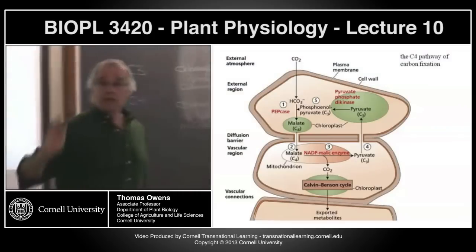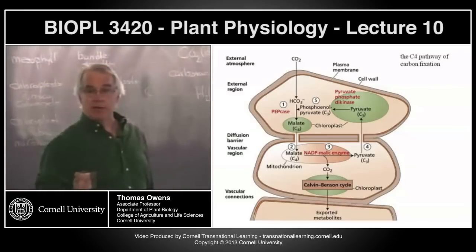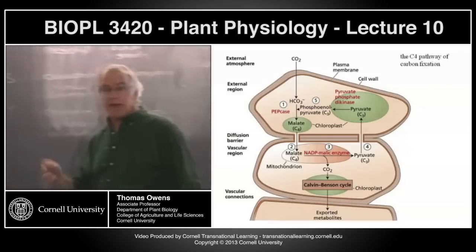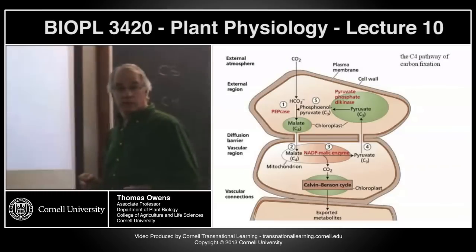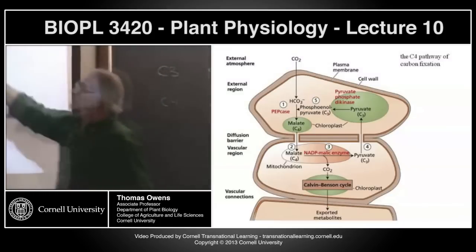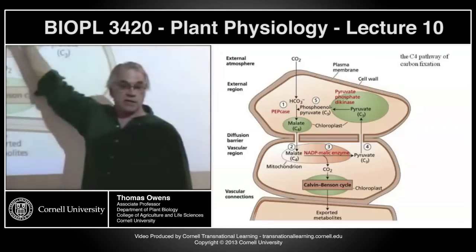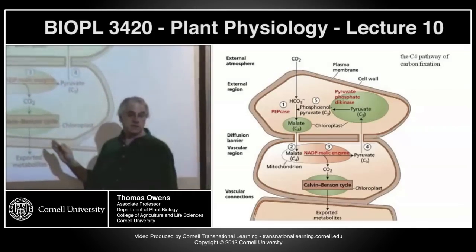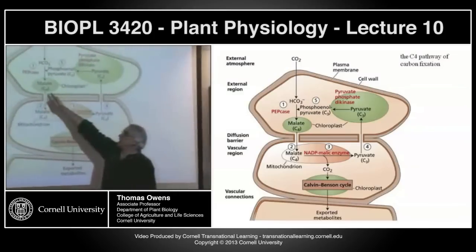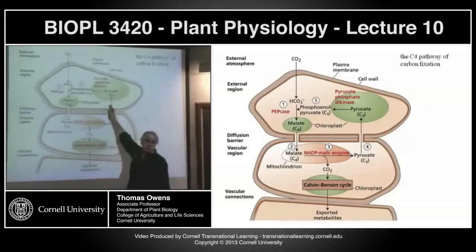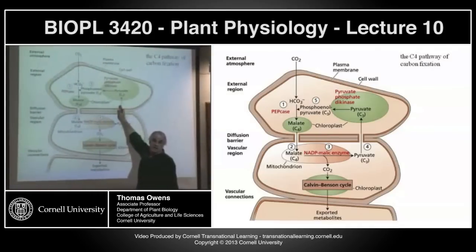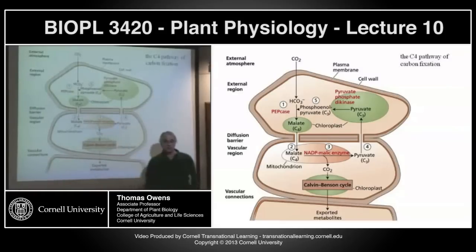This is nothing more than an elaborate metabolic pump. It's not a pump like active transport. There's not a protein in the membrane of these cells that's actively transporting CO2 in. There's exchange of 4-carbon and 3-carbon acids between these two cells, the net of which is that the CO2 concentration in the bundle sheath cells is higher.